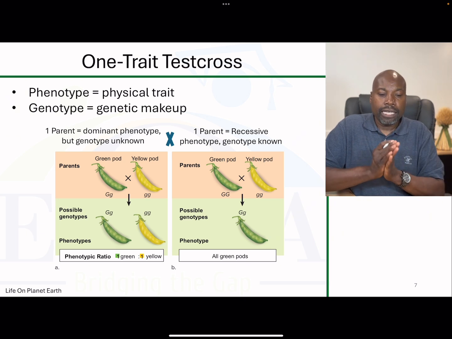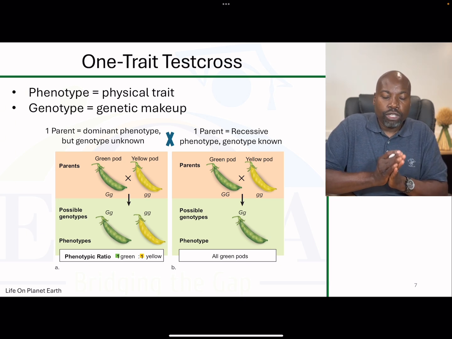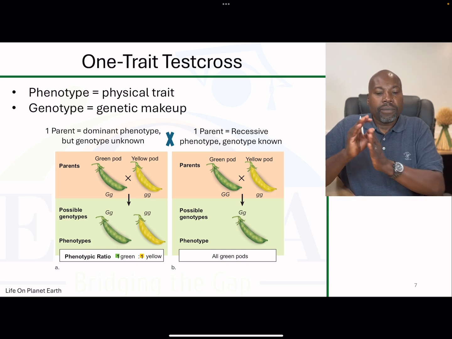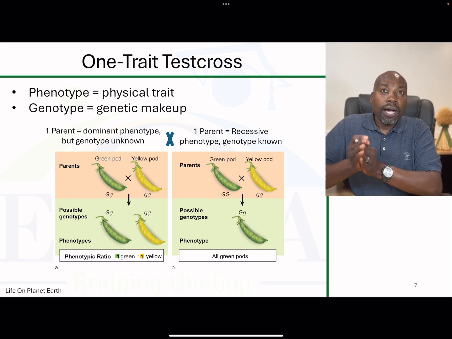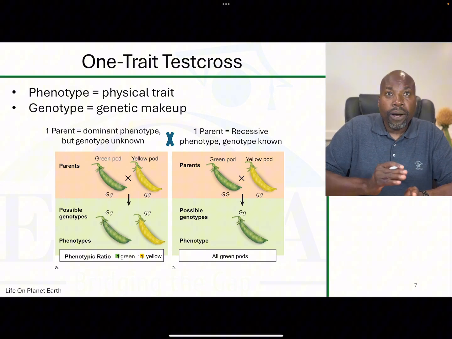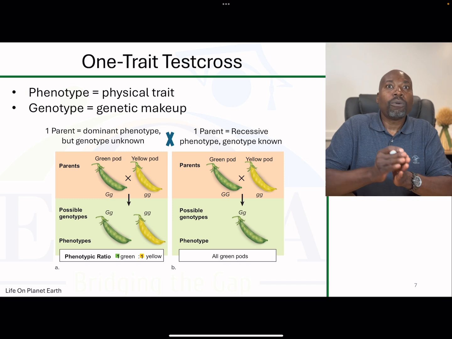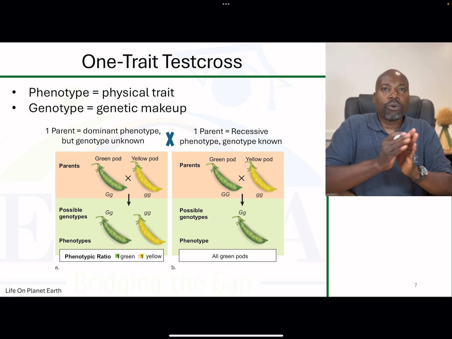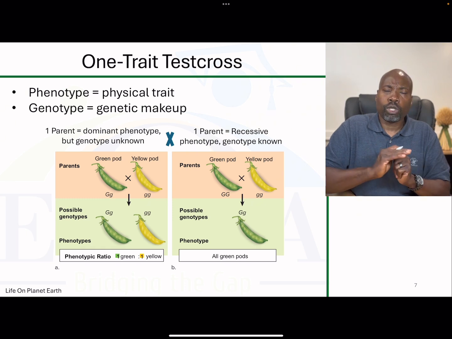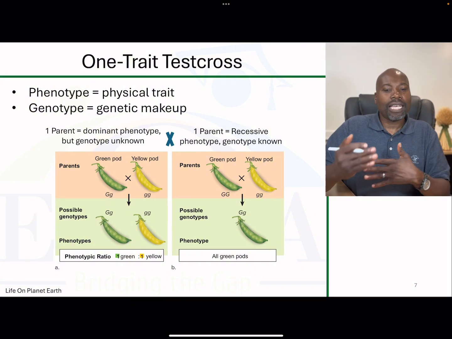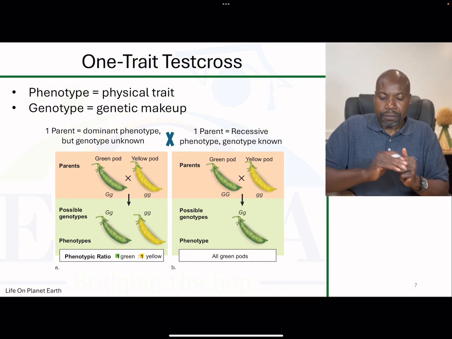So what he did was to work with the yellow pods and the green pods. The yellow pod, he knew that they were lowercase g, no question about it. The green pods, not too sure. Were they capital G, capital G, or capital G, lowercase g, right?